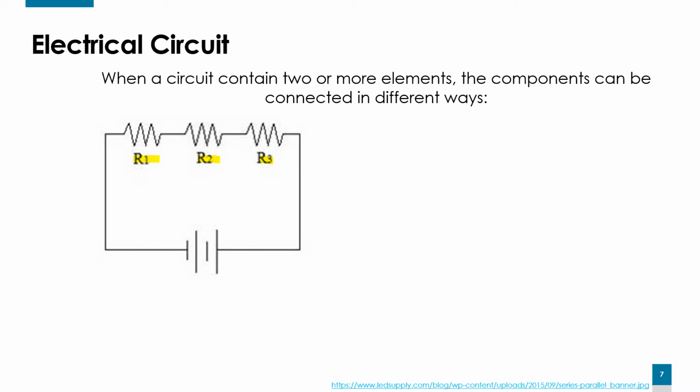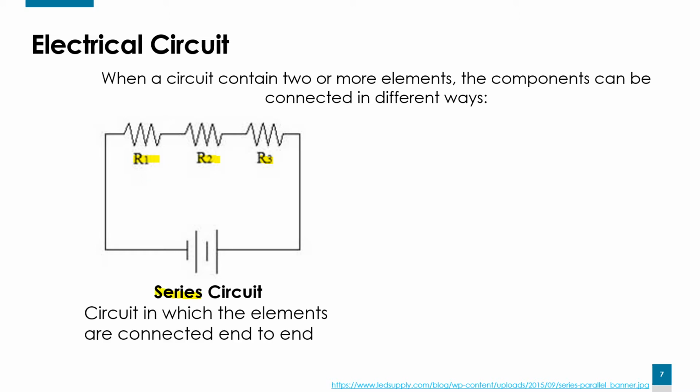When they are side by side in a single line, I say they are in series. So it's a series circuit. It's a circuit in which the elements are connected end to end. If I follow the line, they are all connected in the same line. Okay, so they are in series.